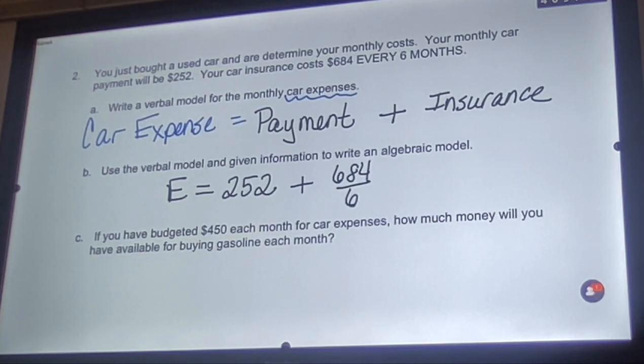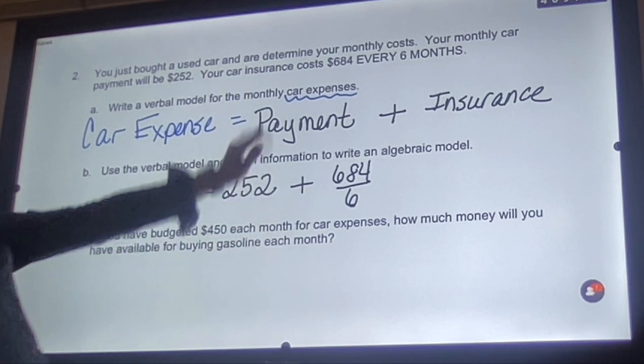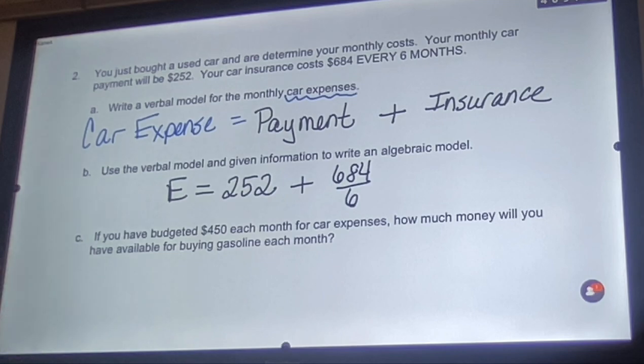So this would be my algebraic model. My insurance isn't $684 a month. It's every 6 months that I'm paying that. So I have to take that amount and divide it by 6. So if I want to figure out the money that I'm paying, Kenny, can you take 684 divided by 6? $114.